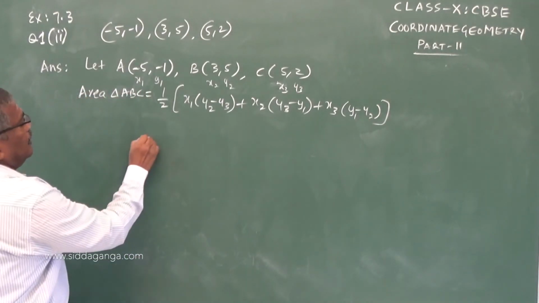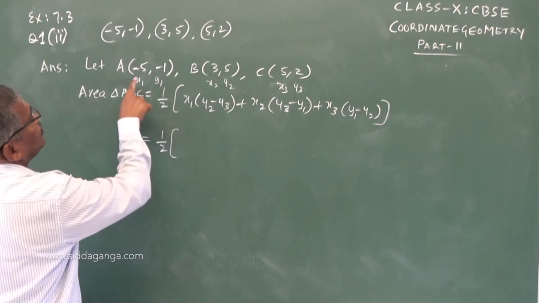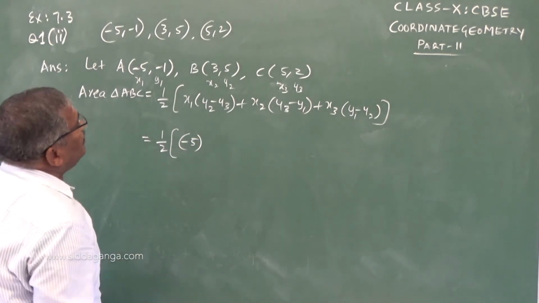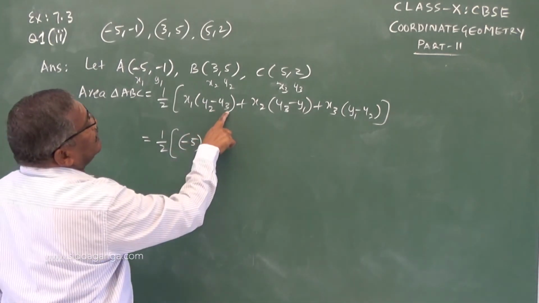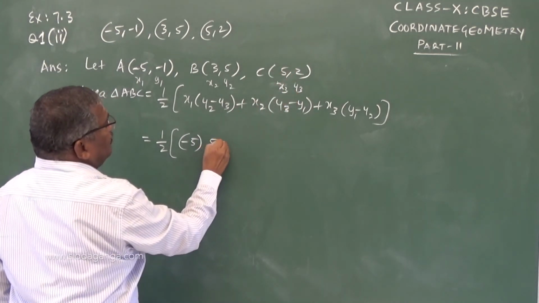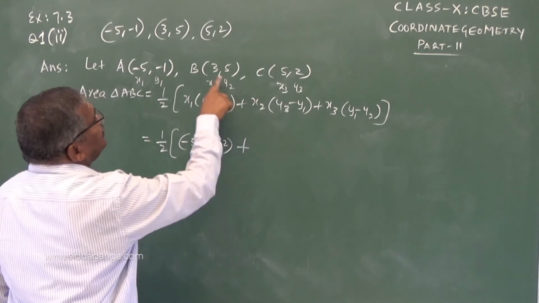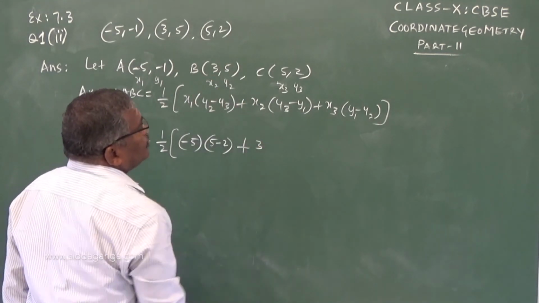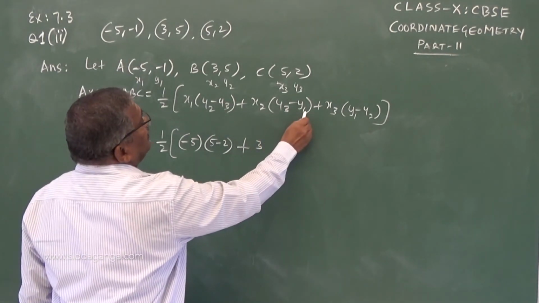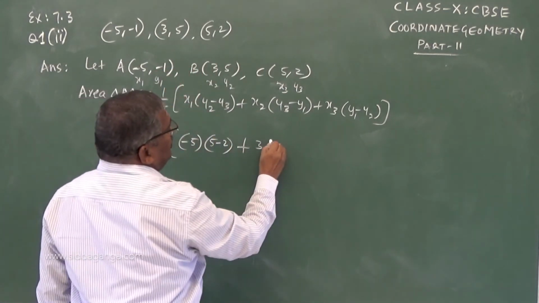Now area of the triangle ABC is half into x1 is minus 5, y2 minus y3, you can see 5 minus 2, plus x2 is 3, y3 minus y1, 2 minus of minus 1.